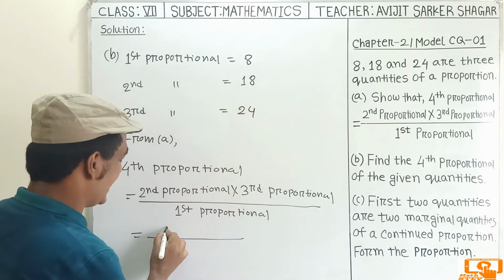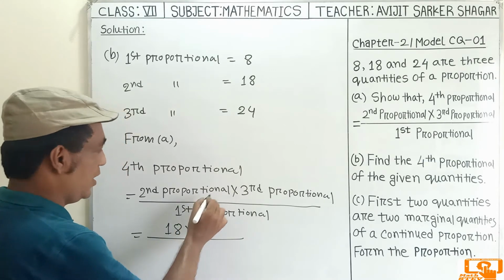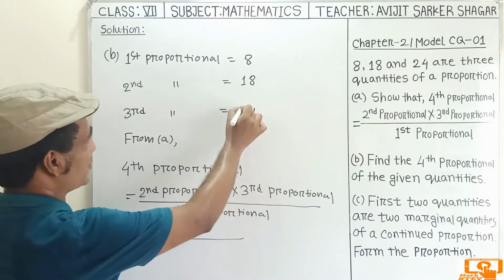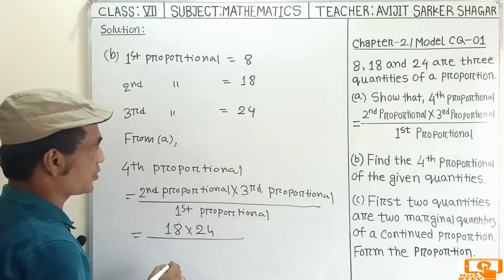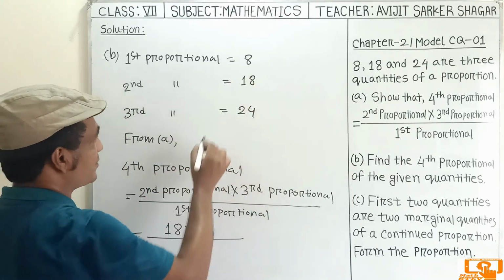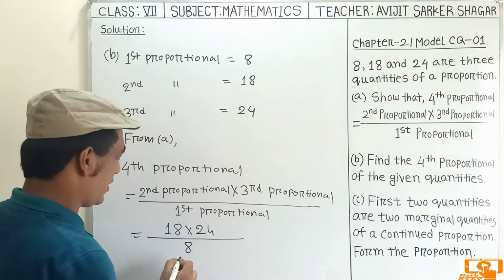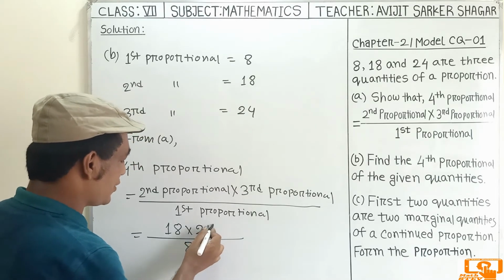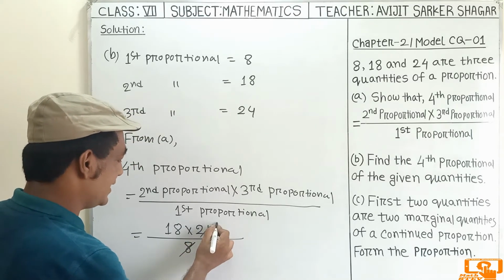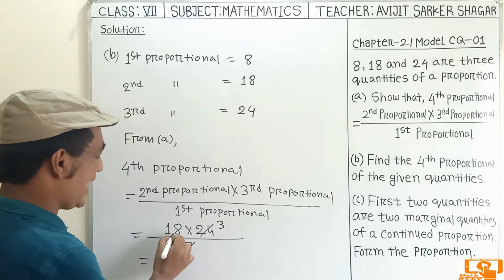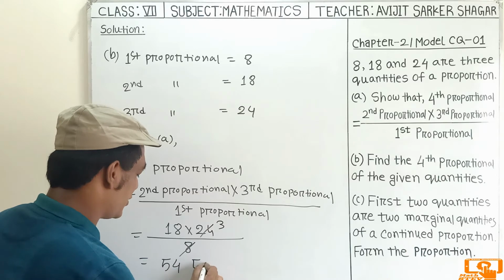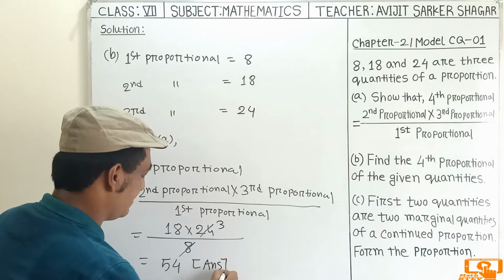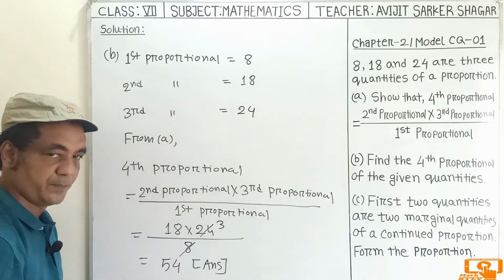Second proportional is 18, multiplied by, what is the third proportional? Third proportional is 24, and the denominator first proportional, what is the first proportional? First proportional is 8. Okay, if I cut 24 by 8 we get 3, equals 18 multiplied by 3 equals 54. This is the fourth proportional. Okay, this is the answer, 54.